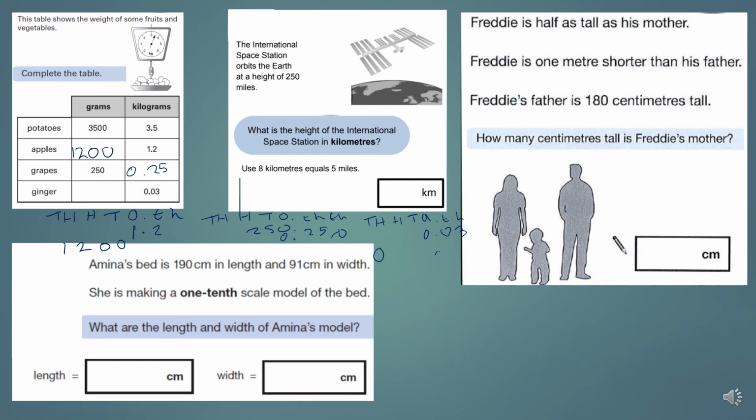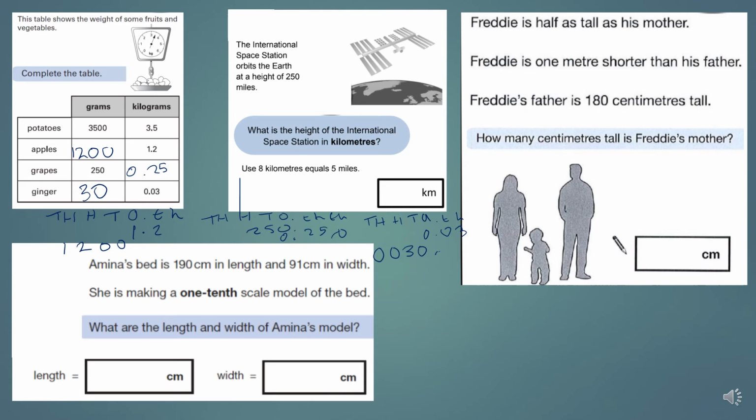So 1, 2, 3, 1, 2, 3, 1, 2, 3, and we hold this with a 0. So we would pop in just a 30.